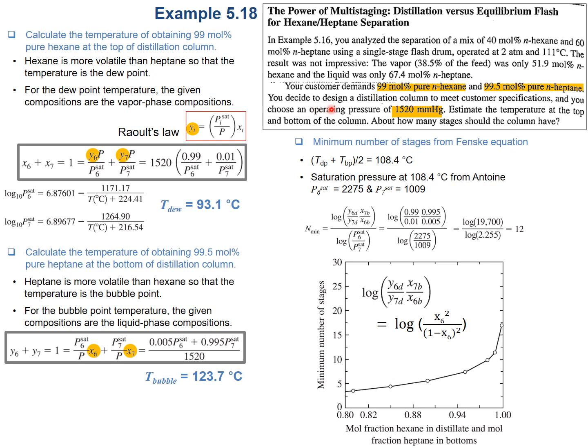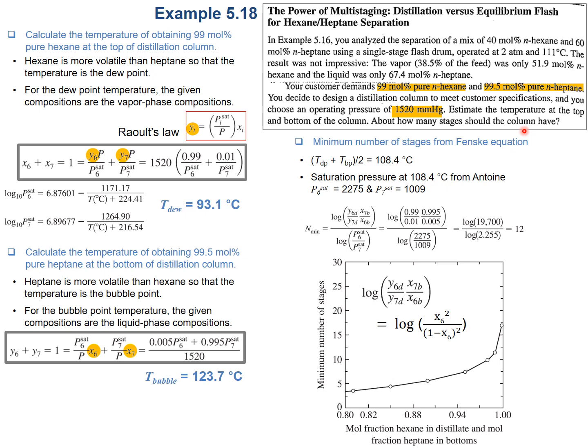You decide to design a distillation column to meet customer specifications, and you choose an operating pressure of 2 atm. Estimate the temperature at the top and the bottom of the column. About how many stages should the column have?